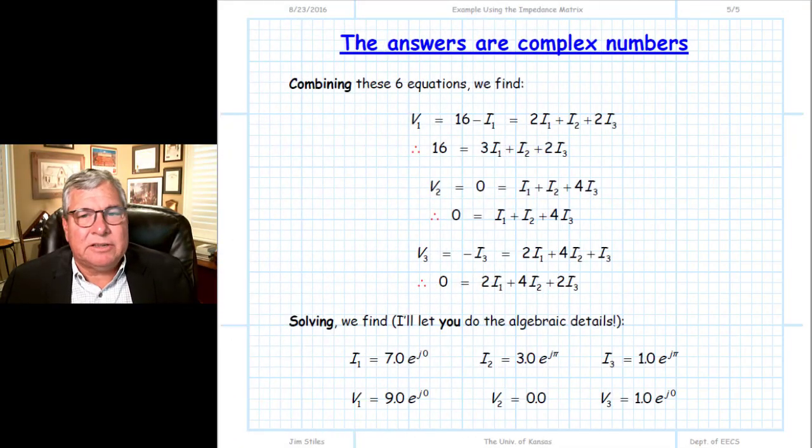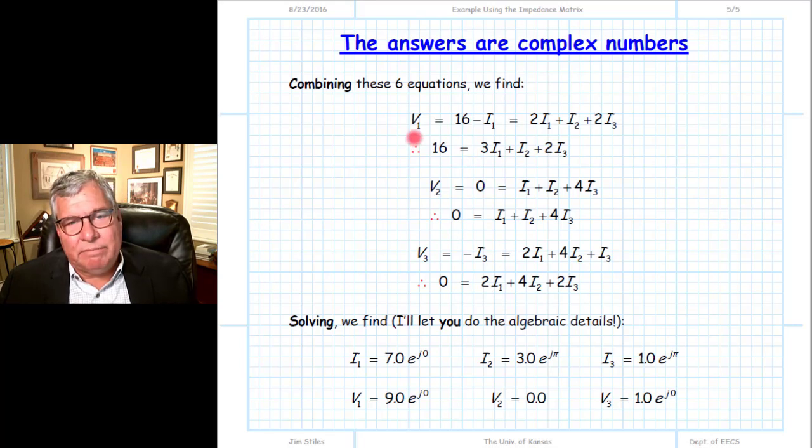If we look at each of the 6 equations, we'll note that 2 of the equations say something about the port voltage V1. One equation comes from the source at port 1, the other comes from the first of the transimpedance parameters, the first equation of the impedance matrix. So we can equate those 2 relations and come up with a combined equation.